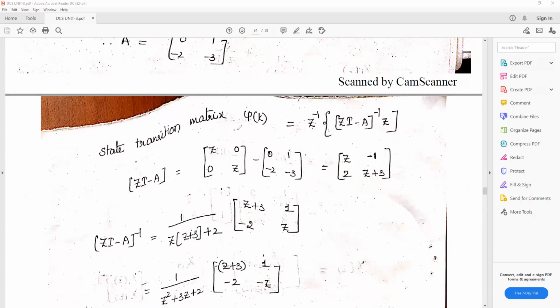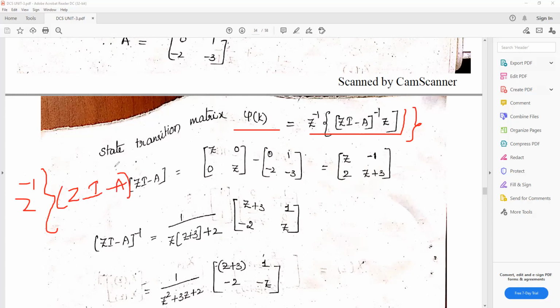Phi of k is equal to Z inverse of (zI minus A) whole inverse into Z. This is the formula for calculation of the state transition matrix.